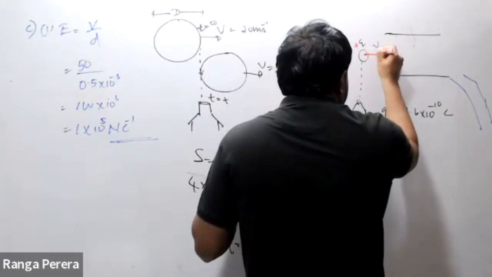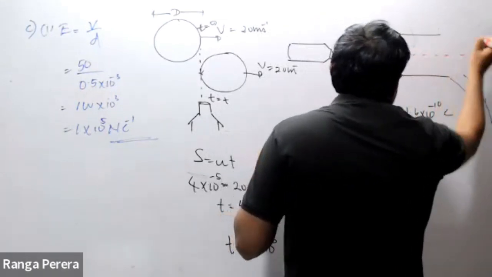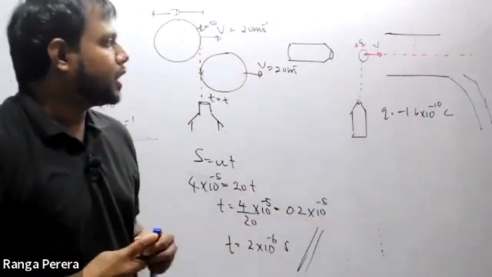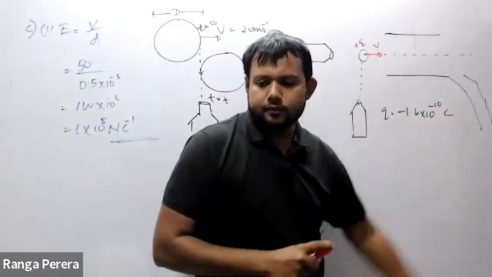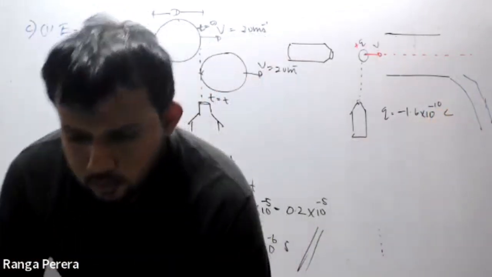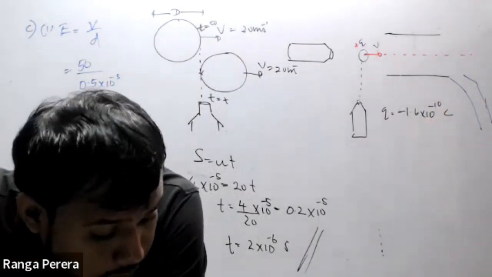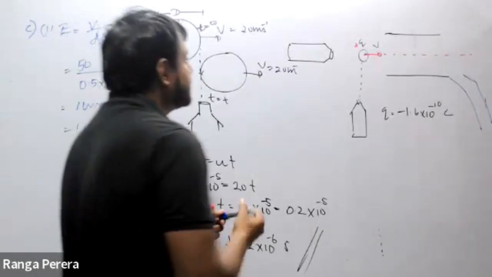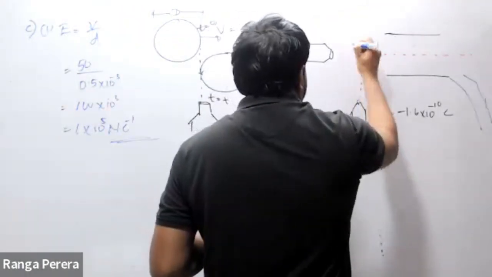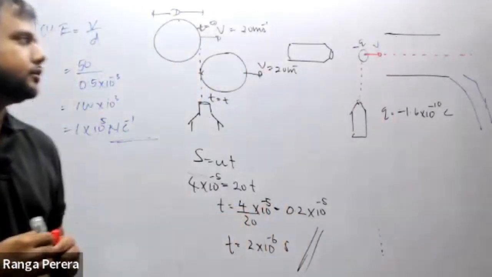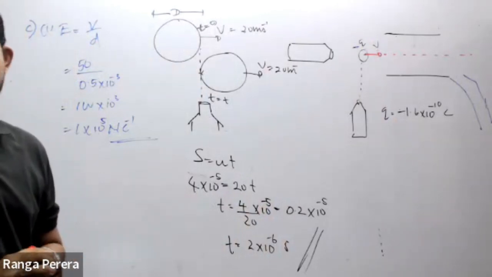Now this is going on this track. But I need it to collect into a gutter. I'm sorry. Yeah, the droplet is negatively charged one. You are correct.